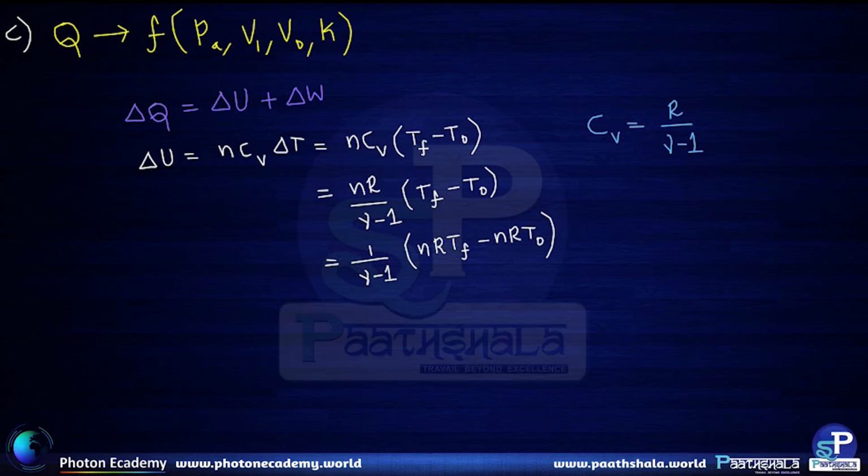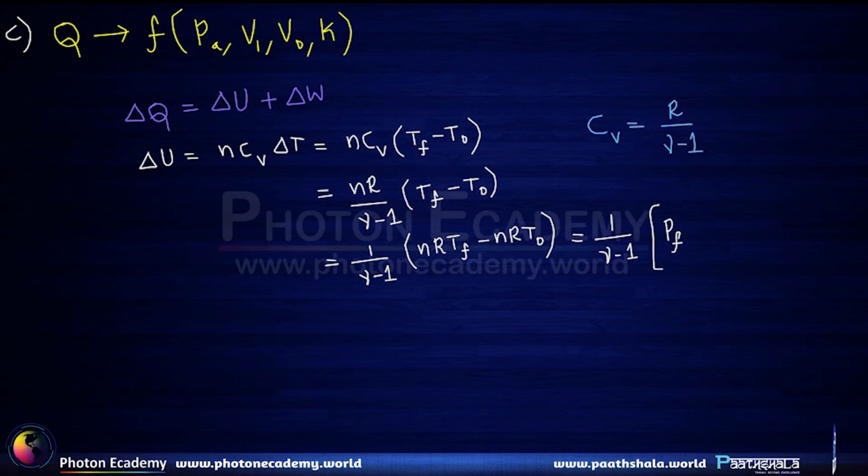We can replace nRTf and nRT naught with PfVf and P0V0. So this is going to be 1 by gamma minus 1 into the final pressure of the gas Pf, and the final volume of the gas is V1, minus the initial pressure of the gas, which is nothing but the atmospheric pressure Pa, and the initial volume of the gas is V0.